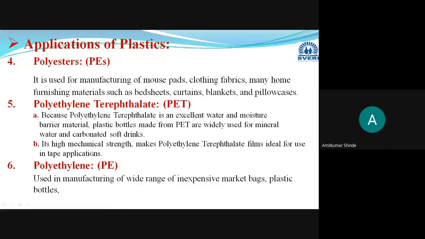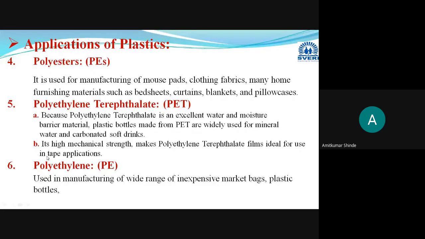Then it also has high mechanical strength. That's why tapes made from polymer material, such as measuring tapes, are also made from polyethylene terephthalate, because it has high mechanical strength, or you can say high tensile strength.